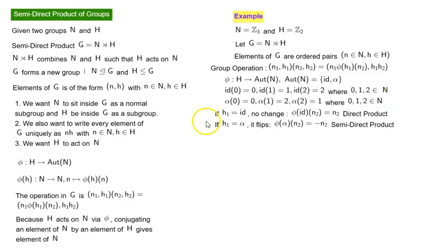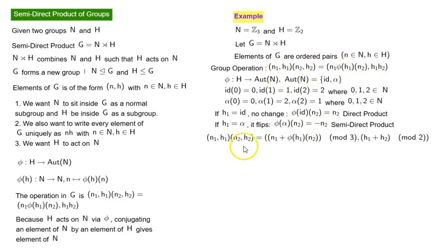So here if H1 is equal to ID, no change. Why? Because phi of ID of N2 is equal to N2, which basically becomes a direct product. Now, if H1 is equal to alpha, it flips. That is, phi of alpha of N2 is equal to minus N2.